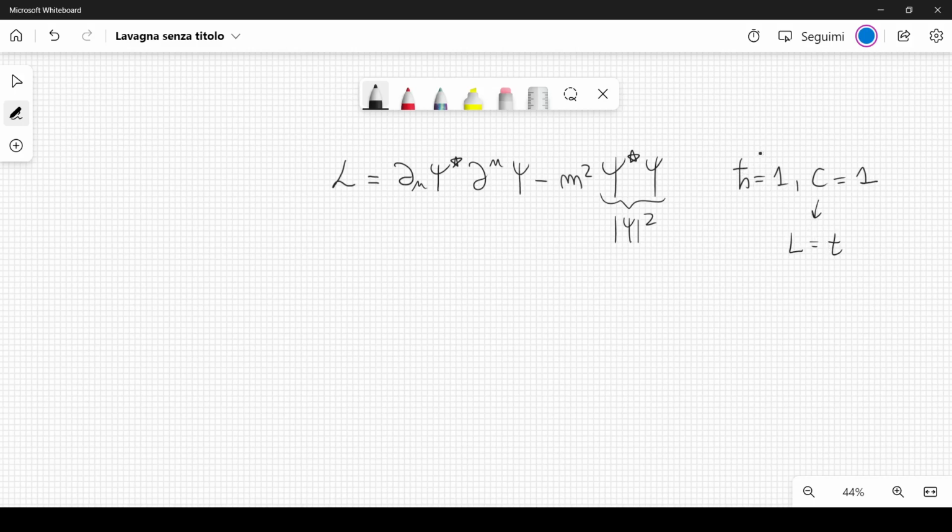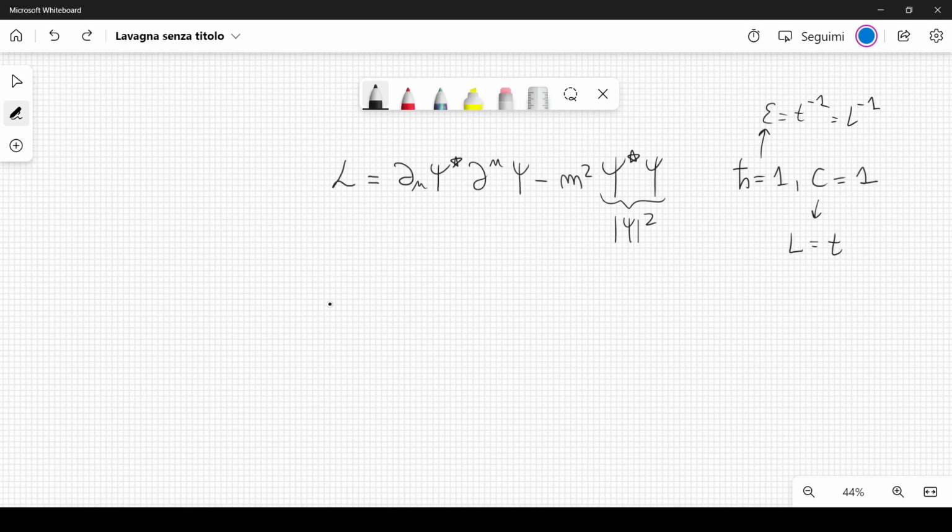And ħ equal to 1 means that, since ħ has the units of energy times time, energy is time to the minus 1, or if you want, also length to the minus 1. So we can keep that in mind, but it's not important for this video.